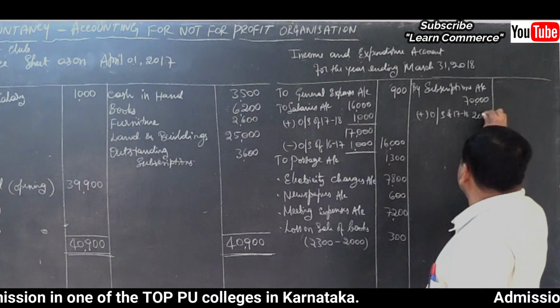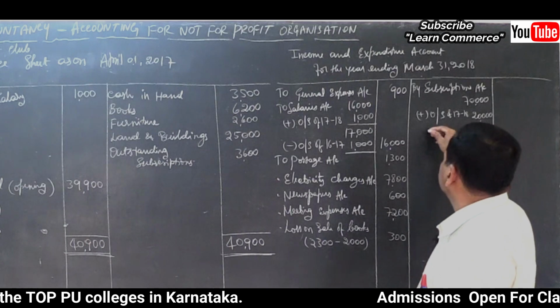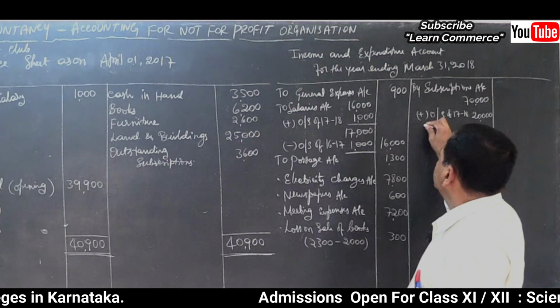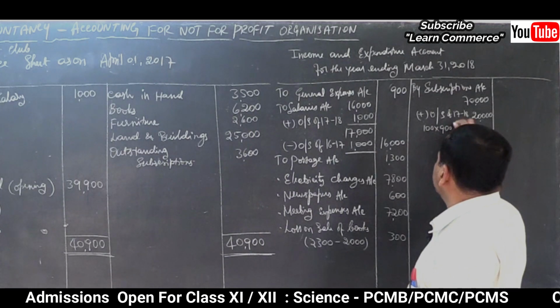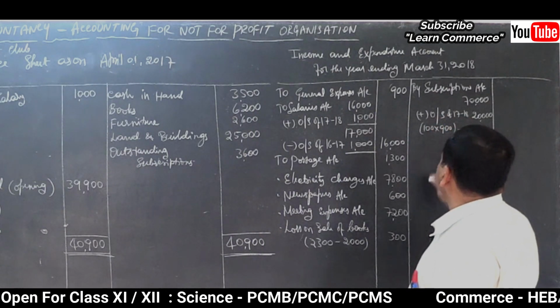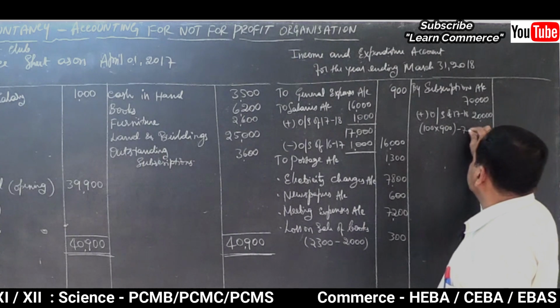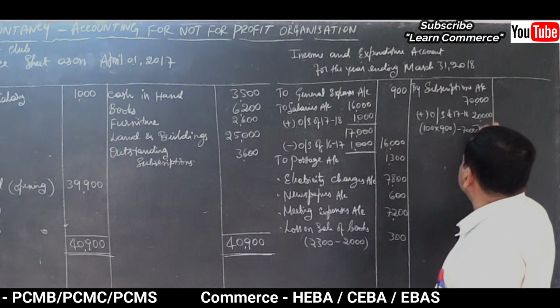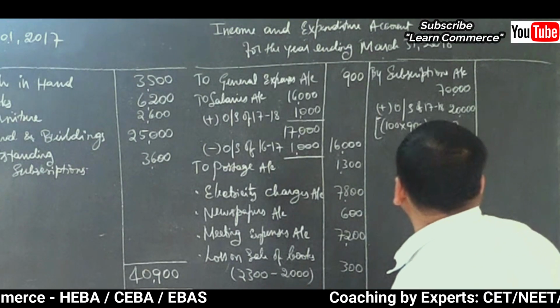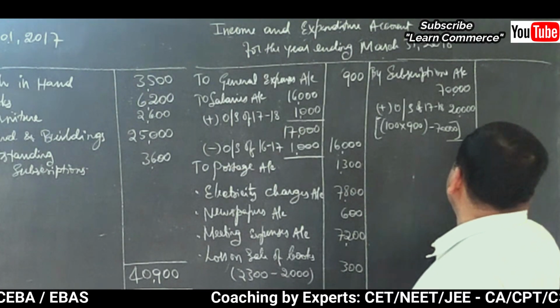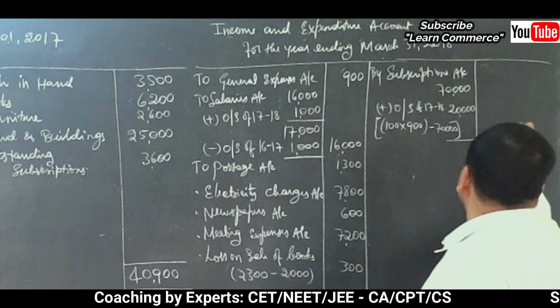Correct. How is it? 100 members into 900 minus 70,000, so 20,000 together it will be 90,000.